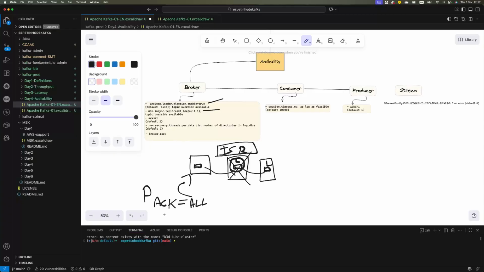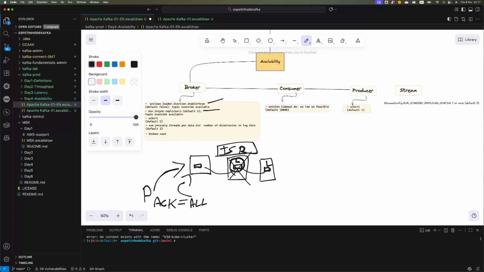The producer will look into all of the in-sync replicas, but because min.insync.replicas is 1, it will produce the messages only to the leader, wait until the message is committed, and go to the next message.